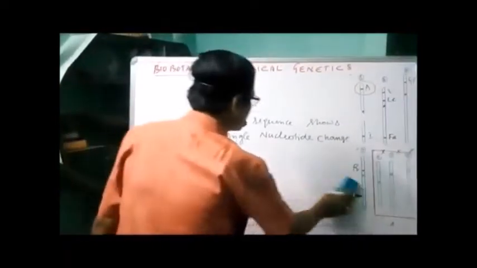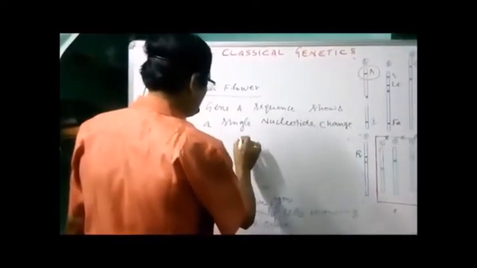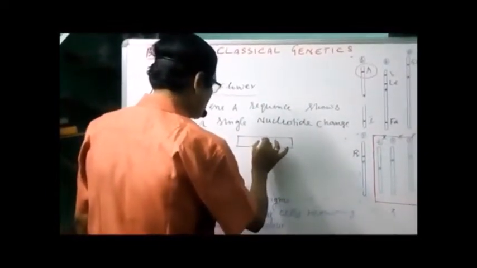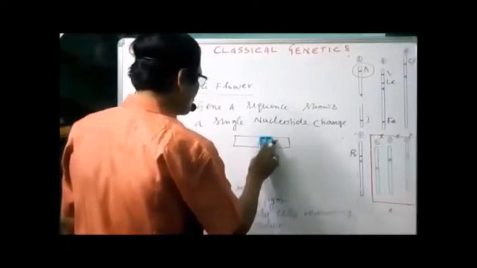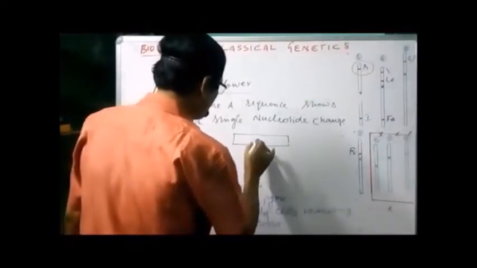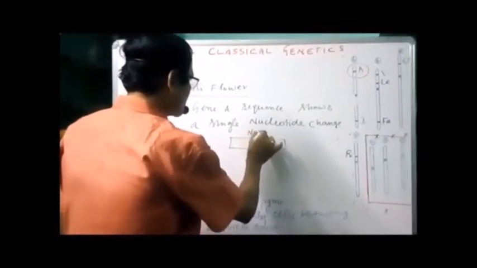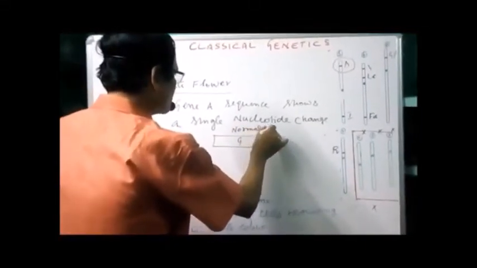For example, in that particular gene, in one place there is one base, guanine or G. I am taking the base G. So this is a normal gene.